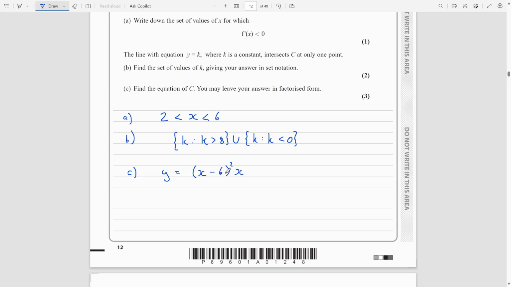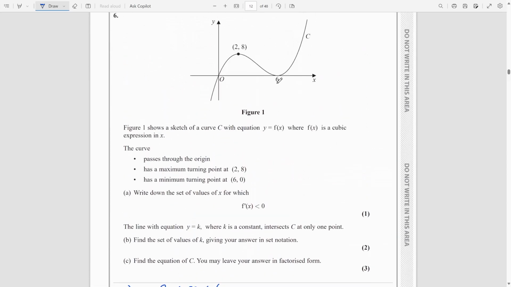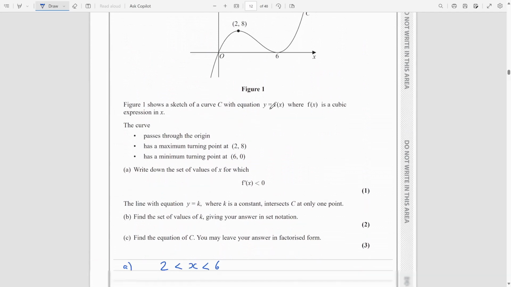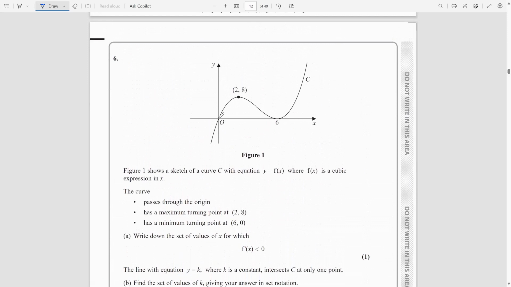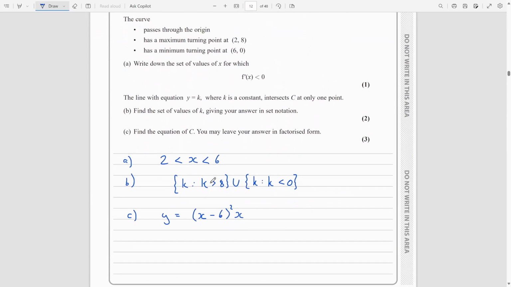The x minus 6 squared guarantees that you have the repeated root at x equals 6, and the x guarantees you have a standard root here. However, there could be any multiple in front of this, so I'll just put an a here.